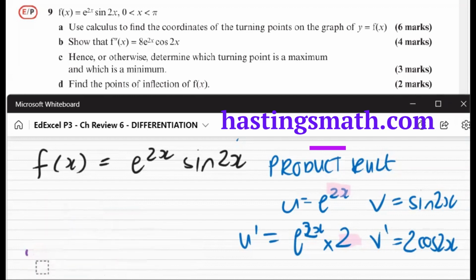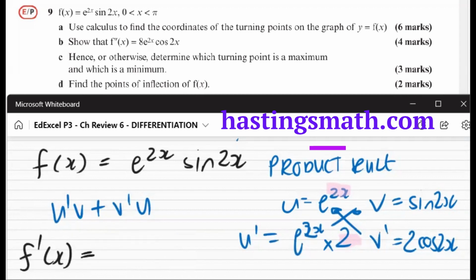But we're not done. Product rule states u dash v plus v dash u. So we first go this way and then we go that way. As I go, I'm going to clean it up a little bit. So this 2 e^2x is just 2e^2x. We're doing f dash of x.